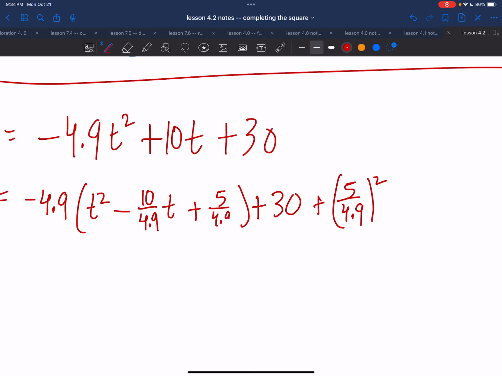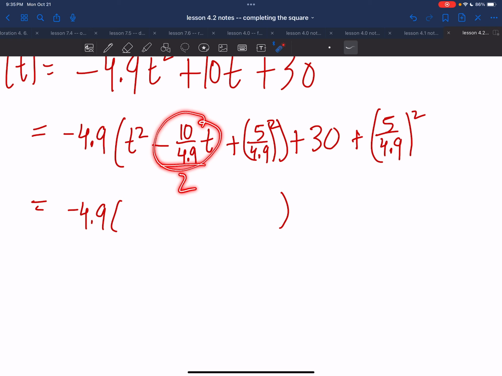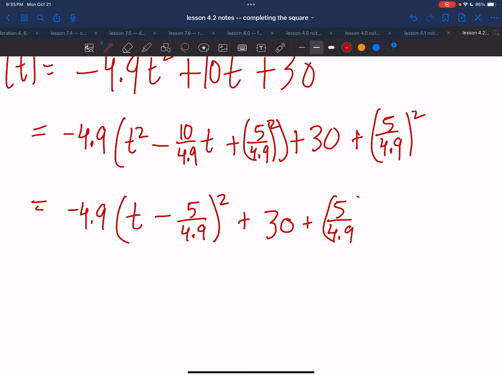Now, factor this negative 4.9. Don't actually factor it, but take this and cut it in half. We've already done that. It becomes 5 over 4.9. So it's t minus 5 over 4.9, quantity squared, plus 30 plus 5 over 4.9, quantity squared.